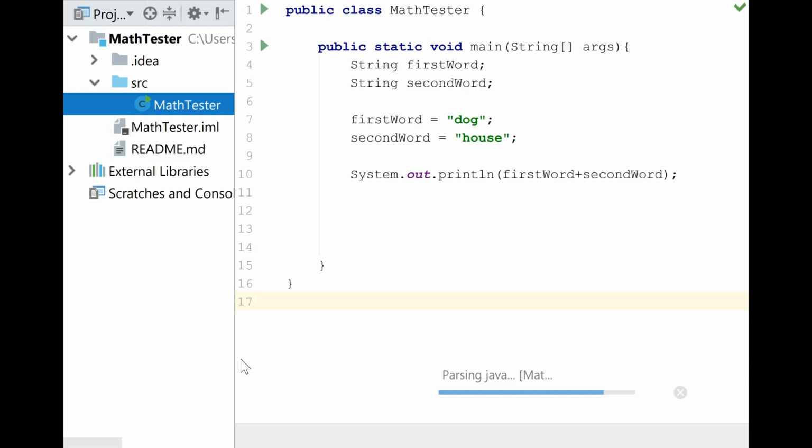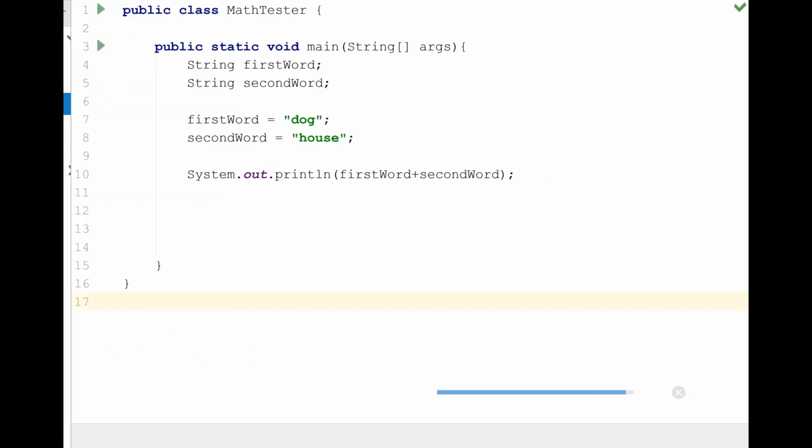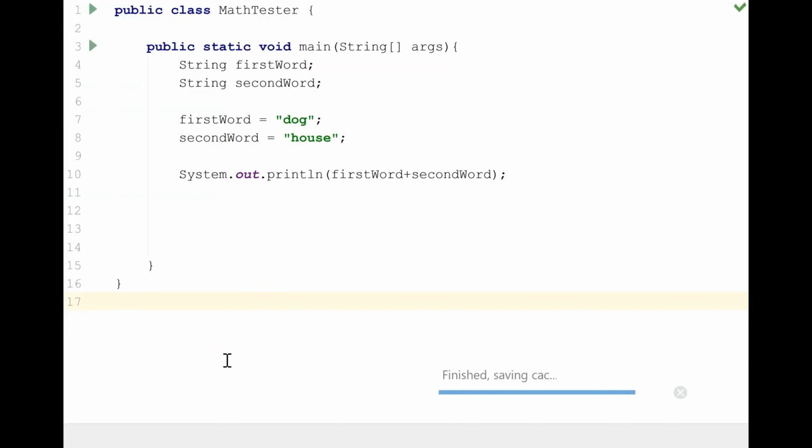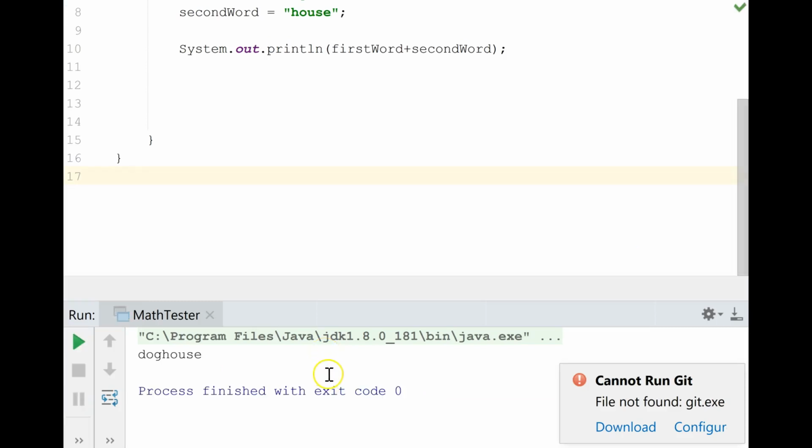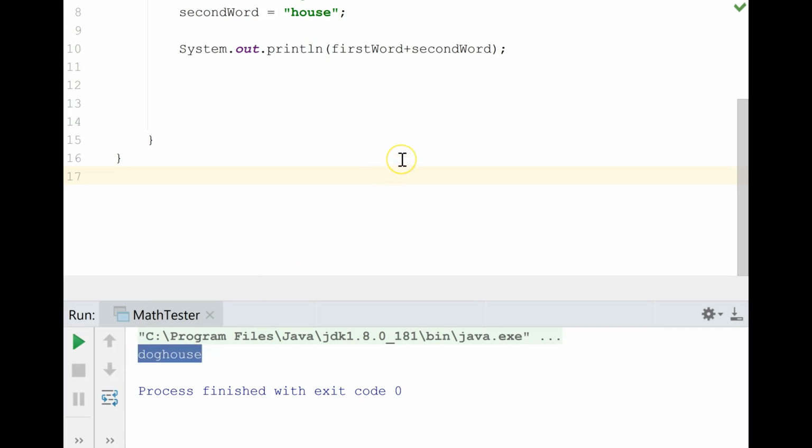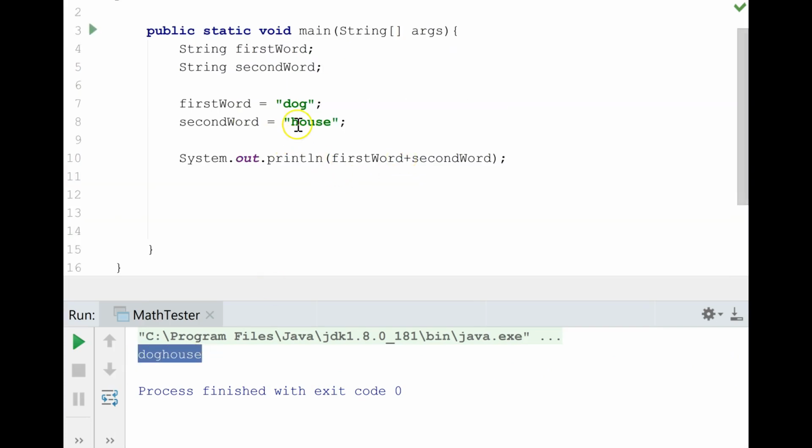All right. So see that? It didn't add it, it just put it together, doghouse. Okay? Now, I can show it a different way.